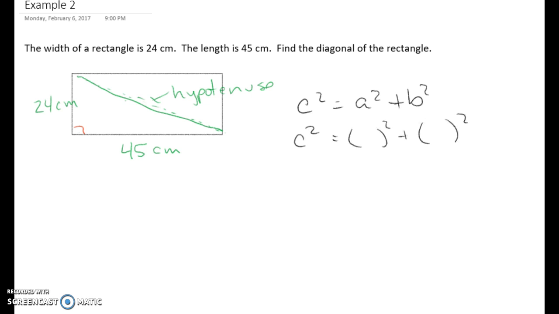I'll substitute my values in for A and B, and continue working out that right side of the equation.